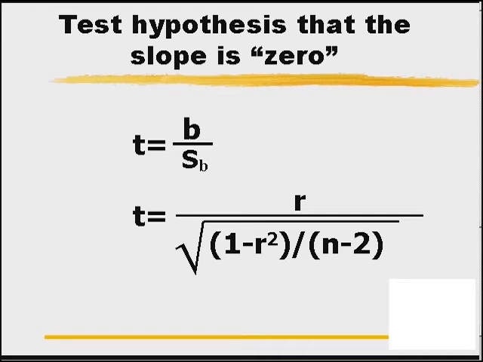So the thing that you're going to be looking for is, one, a t of greater than 1.96. You're going to be looking at a probability value of less than 0.05 for a 5% alpha error. And then finally, since the hypothesis is testing whether the regression coefficient is 0 or not, when you examine the 95% confidence interval of the unstandardized regression coefficient, if it is significant, that confidence interval should not include 0.